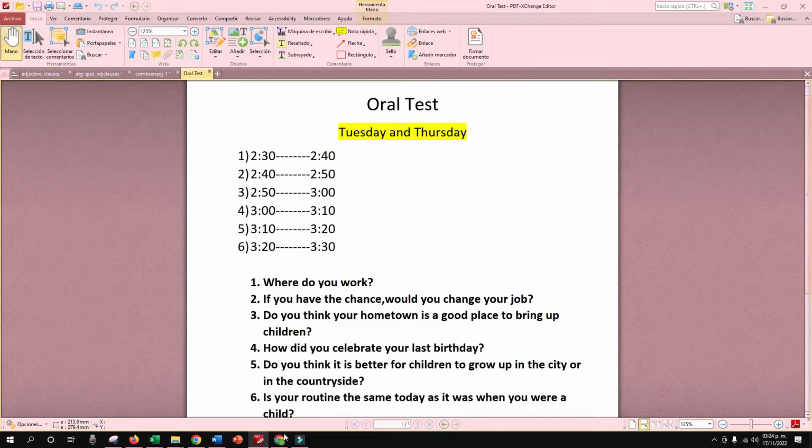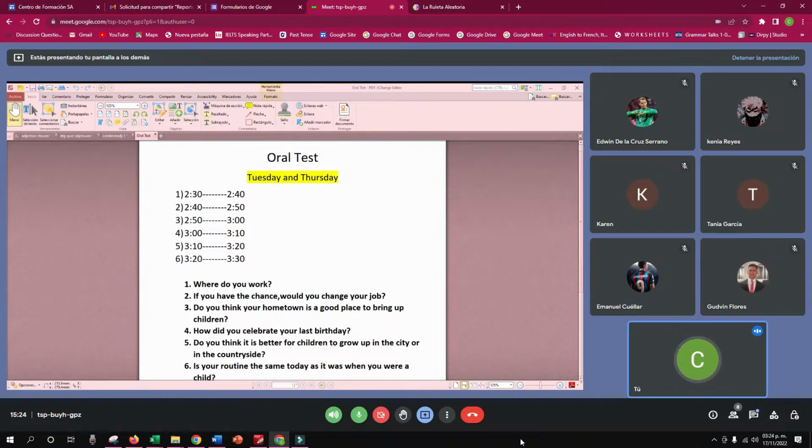Lastimosamente solamente hay 6 estudiantes conectados, pero si ustedes se fijan tenemos 6 tiempos acá. Tenemos el número 1 que sería la persona de 2:30 a 2:40. Luego vendría la segunda de 2:40 a 2:50, 10 minutos por persona.